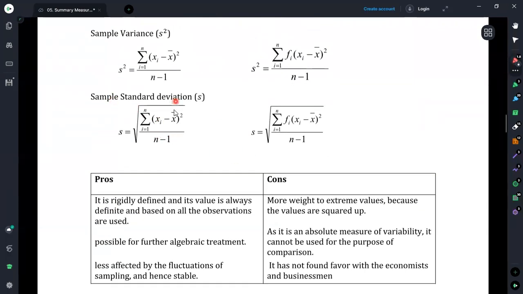To find the sample standard deviation, we can simply obtain the sample variance, and thereafter we can take its square root to get the sample standard deviation. Since we do not have any group frequency data, we can use these two equations to obtain variance and standard deviation.